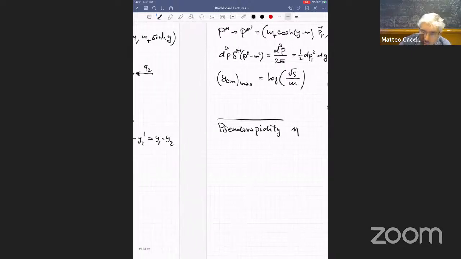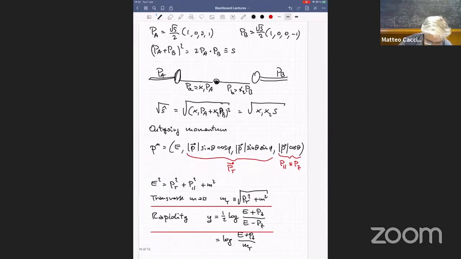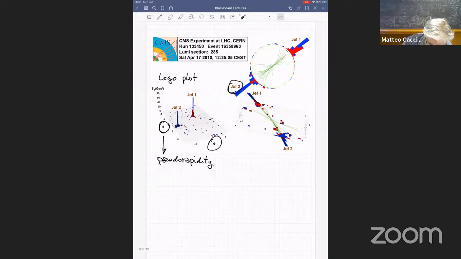Let me go back to that one and show it to you again. So here it is. This eta, as you can see, has an obvious geometrical meaning. It is something that describes the event in place of the polar angle theta. Instead of placing the events at a given theta, I place them at a given pseudorapidity.